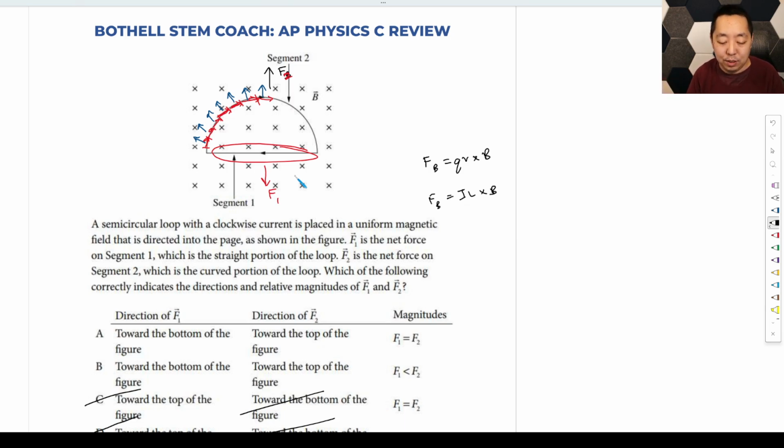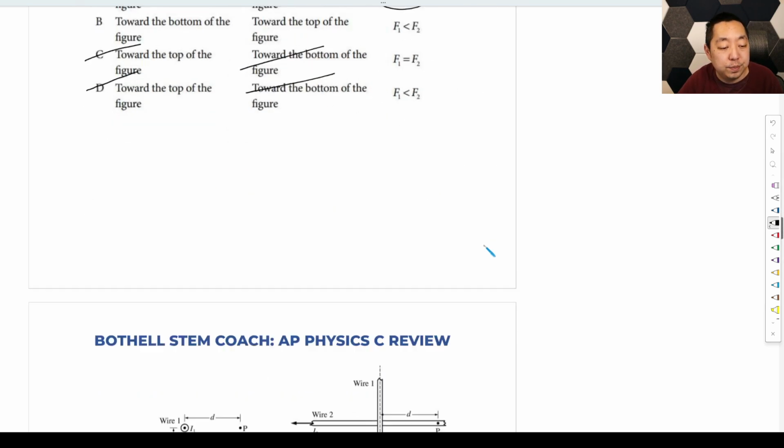I would just put a loop in and put a magnet over it and it would just slide. That would be super cool, but that's not really going to happen. They're actually going to cancel each other out. The math is probably not easy to show you that it will do that, but yes, the net force is ultimately going to be 0 on this loop. It's not like it's just going to create a net force, even though there's a current moving through it. So they're actually going to be equal to each other.